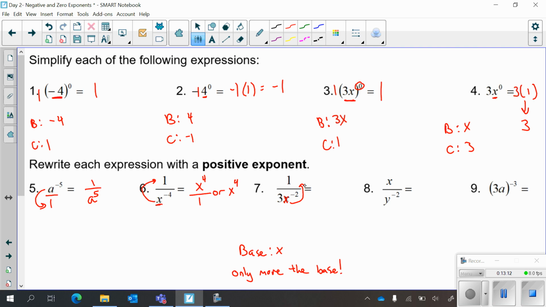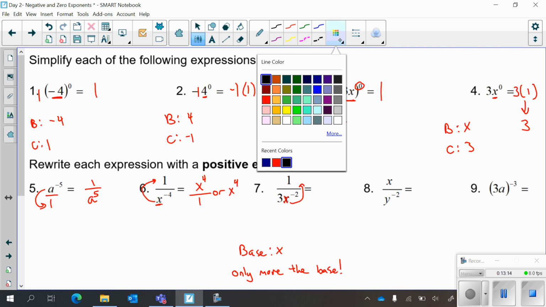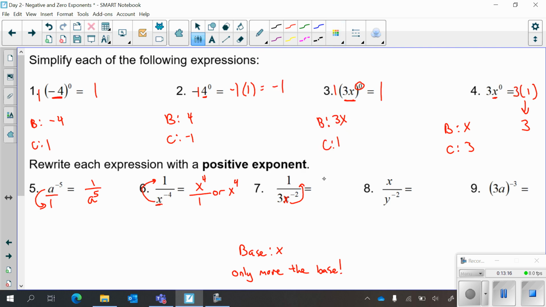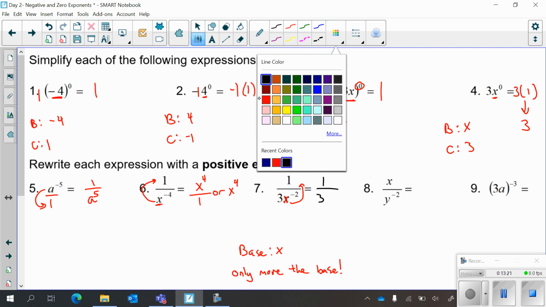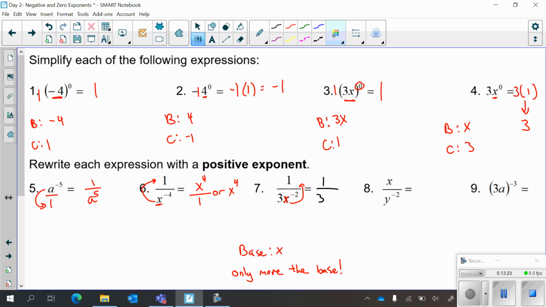The 3 stays where it is. So everything that doesn't have an exponent stays. We have 1 over 3. No exponent, so it stays in place. But from there, the x has to move because the x has the negative exponent. And when you move it, the exponent becomes positive. You can simplify this to x squared over 3.